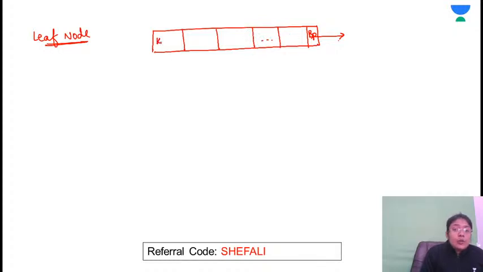If it's key 1, key 2, key 3, obviously it needs to point to the record in the database, so it will have the record pointers. All the record pointers are available at the leaf level. So it's P minus 1 record pointers. What will be the formula for the leaf node?